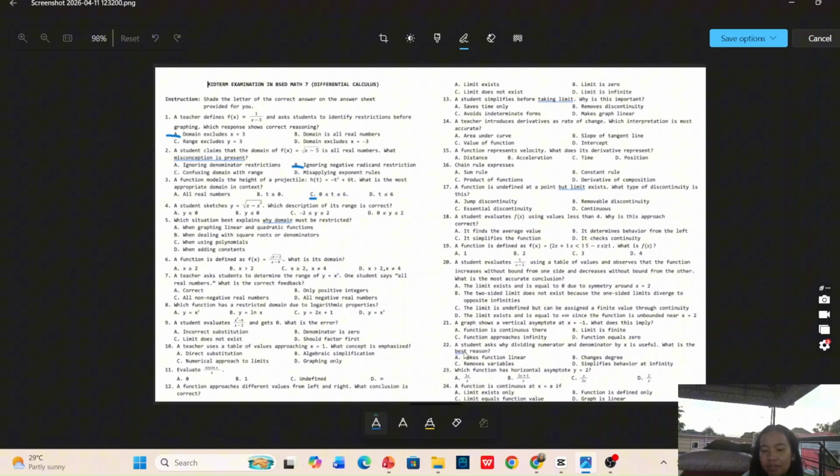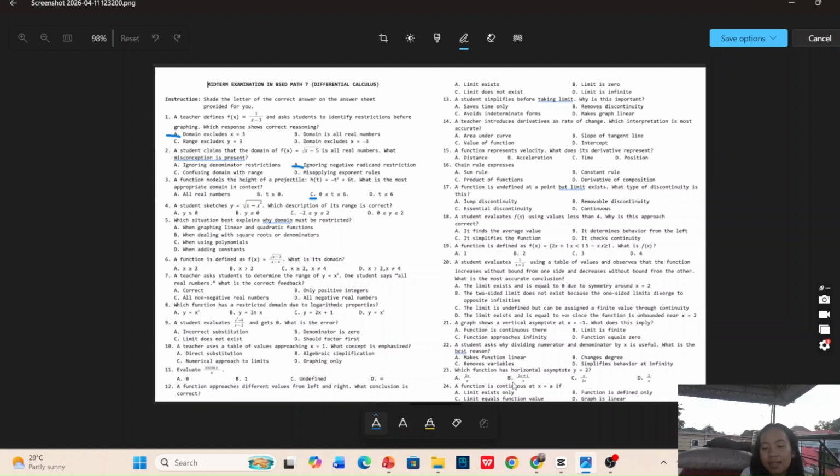Since there is 2x in the numerator and x in the denominator, there is also 2x all over x here, and I think it is more meaningful to answer letter B. I believe B is the correct answer, and it corresponds to 2x plus 1 all over x.